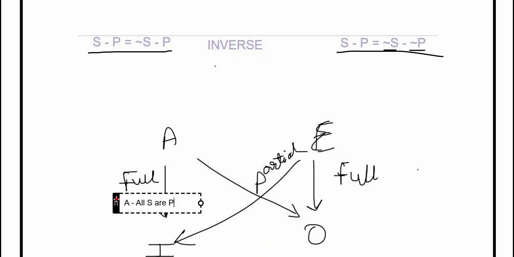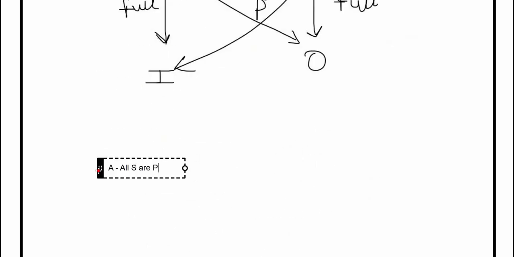Let's go a little bit down, and then we'll refer to the diagram as and when required. All S are P. This is an A type statement, and we have to do inverse partial first.